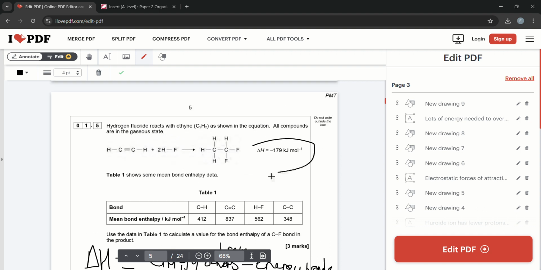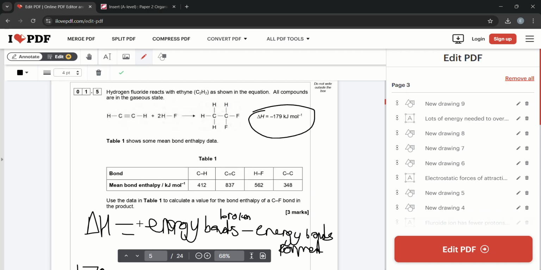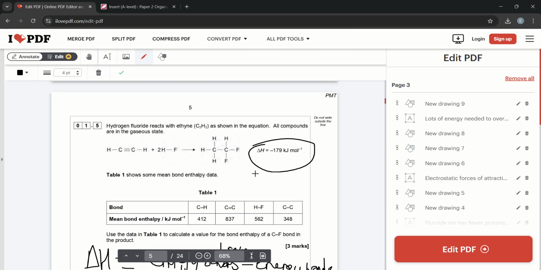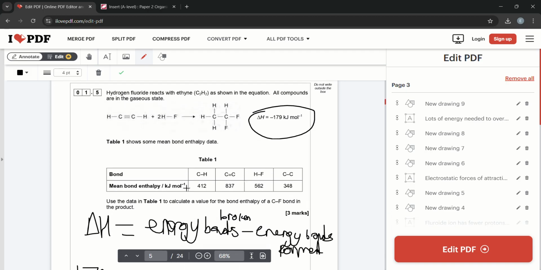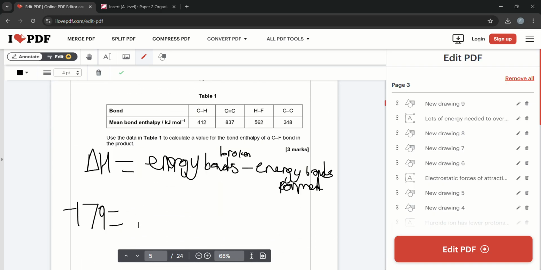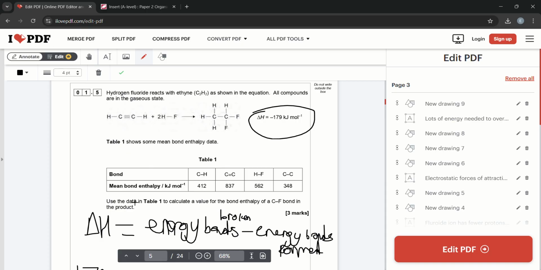We know delta H is minus 179, so let's substitute that in. They really like to ask these type of questions with mean bond enthalpy data, and they are slightly tricky. I've seen one in an A-level paper which is obviously slightly harder, but generally, you need to know this equation off by heart first. Then you can even approach this question.